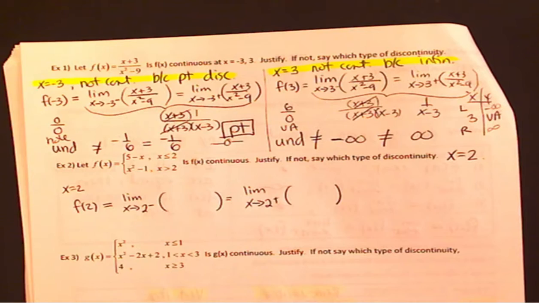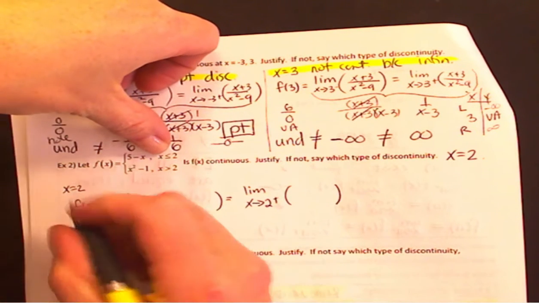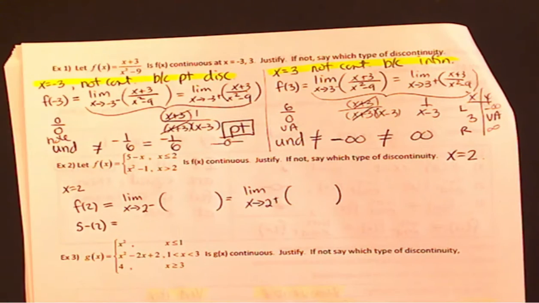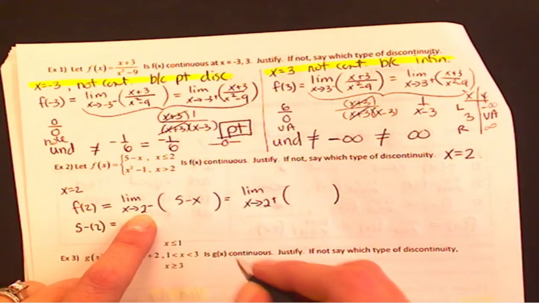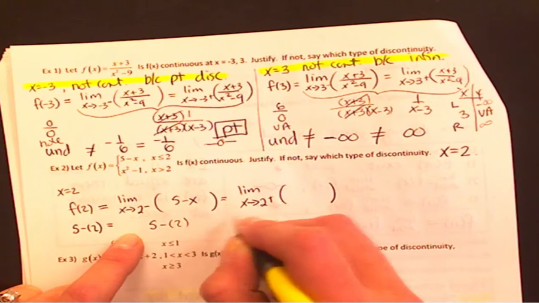All right. At x equals 2, that's the first part. So I'm plugging in 2. To the left is 5 minus x, so that's 5 minus 2.